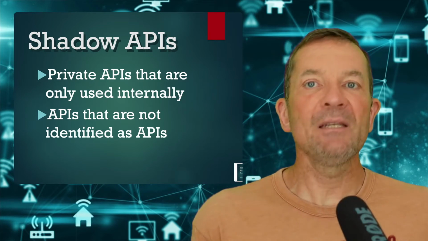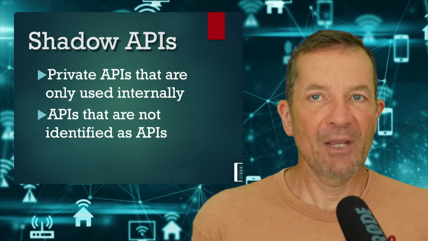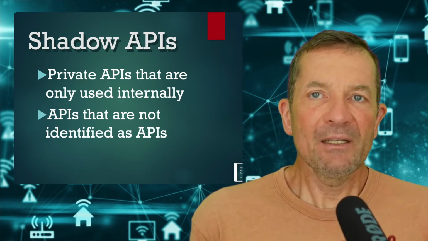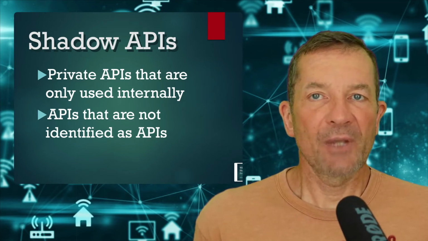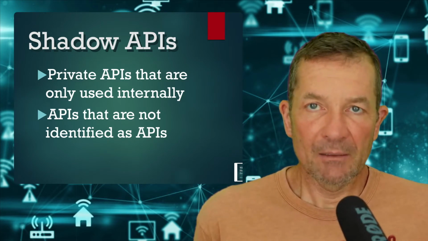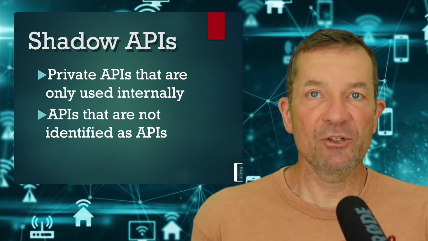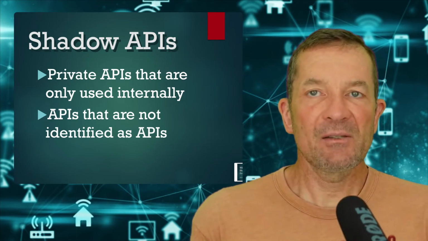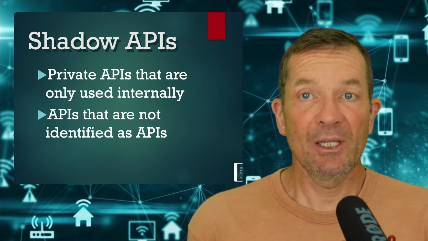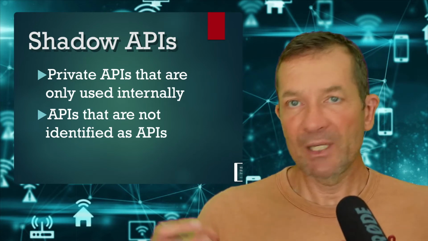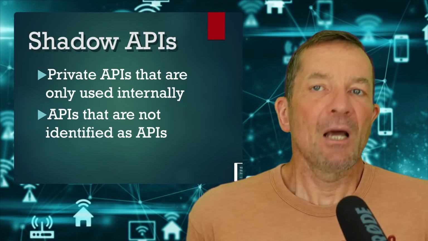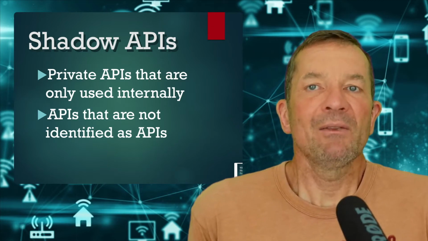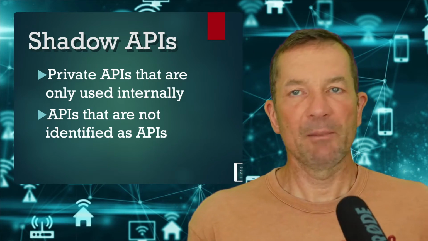There are two main reasons why shadow APIs exist. One is that these are private APIs which are created for just use within the organization. And the assumption is that they will only be used internally within the organization's network between two applications of the organization. And then a lot of times people assume, well, in that case, we don't have to really properly manage them.